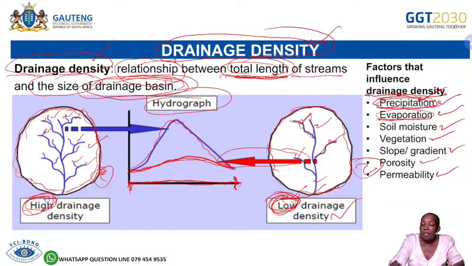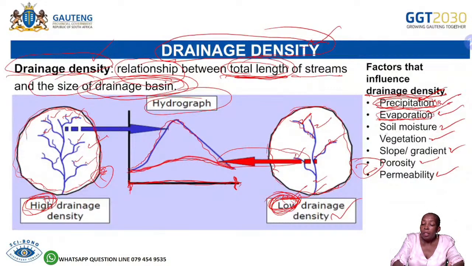So the higher the evaporation, the lower the drainage density. But if we have less evaporation, then we are going to have more water that can form part of the surface runoff.